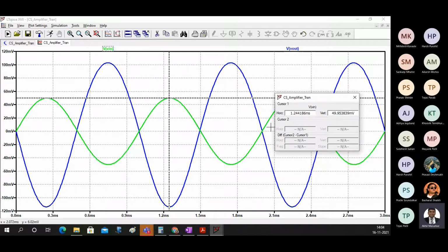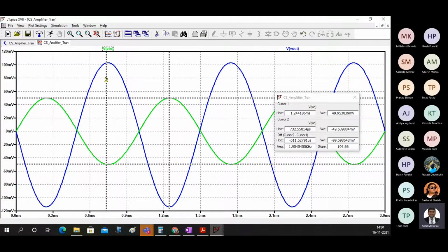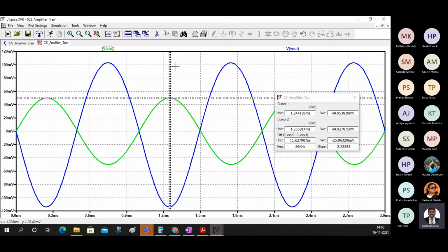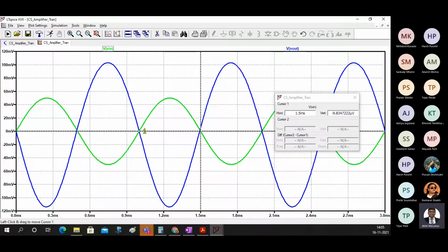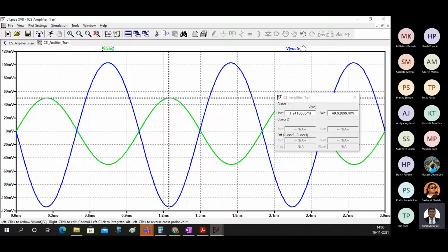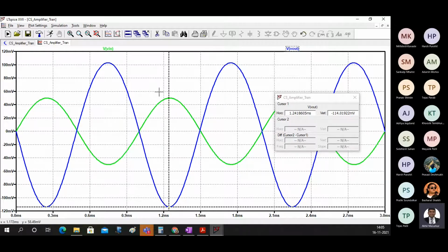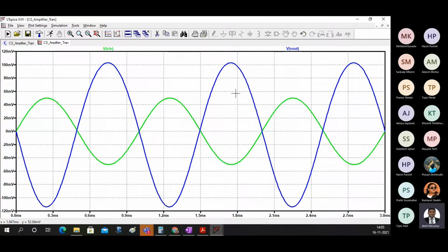We have two cursors, cursor 1 and cursor 2; either you can use 1 or 2, doesn't matter.